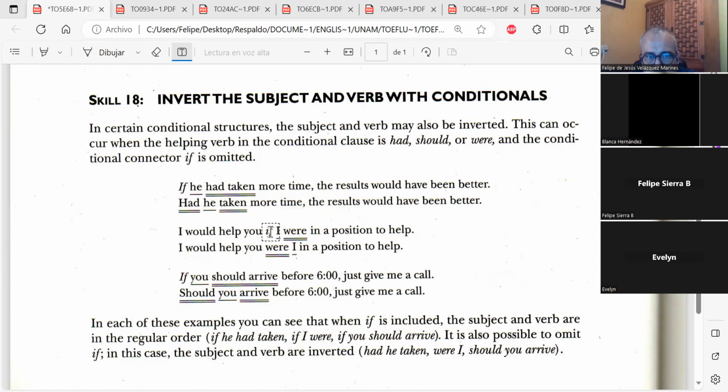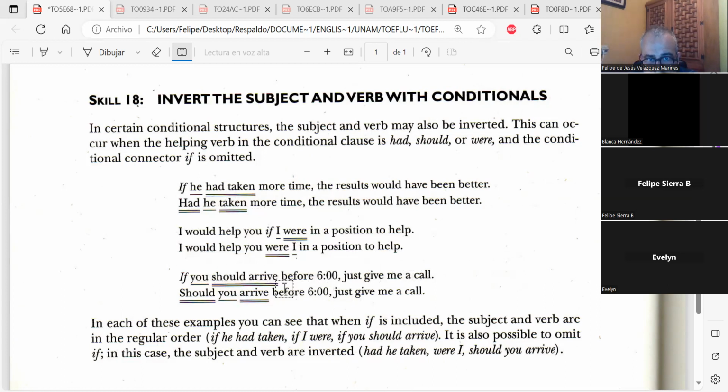I would help you if I were in a position to help. So you can do the inversion here, or you can front it. I would help you were I in a position to help. The intention is always to eliminate if and place the auxiliary verb first. In this case, had, were, or should. If you should arrive before 6, just give me a call.